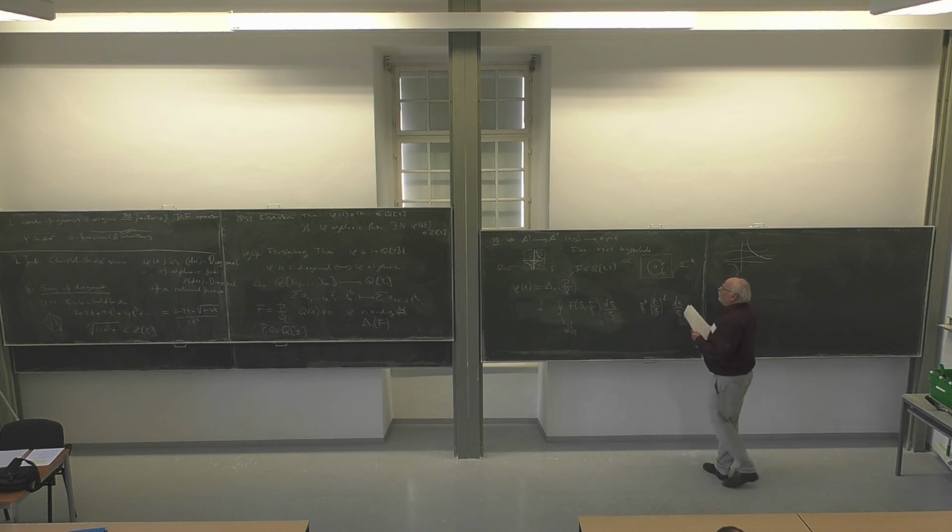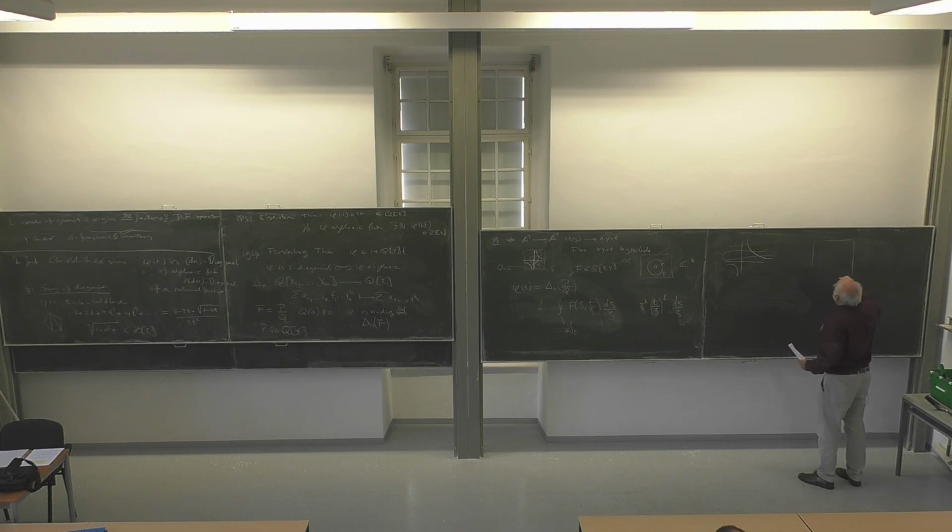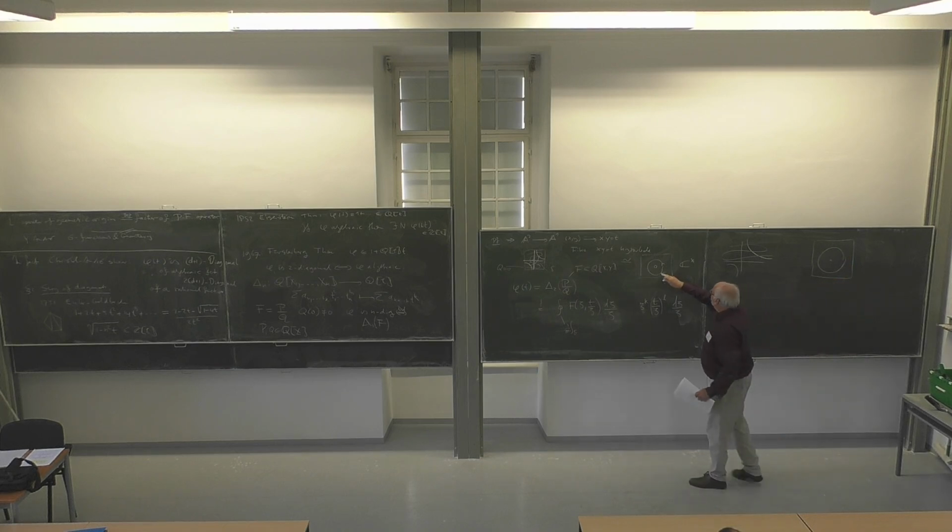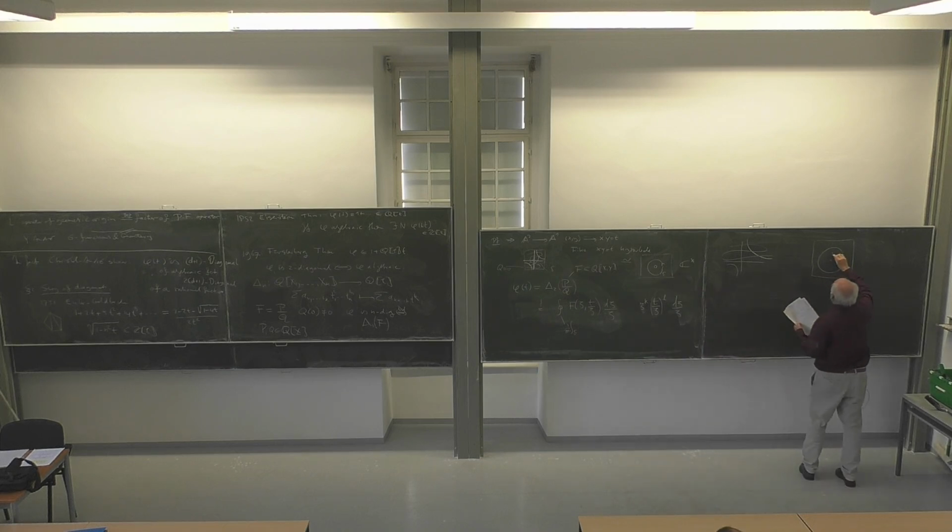And these points are in the C star. This is the cycle. And then there are certain points here.